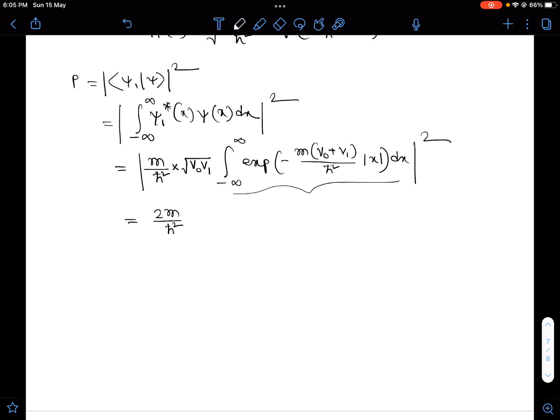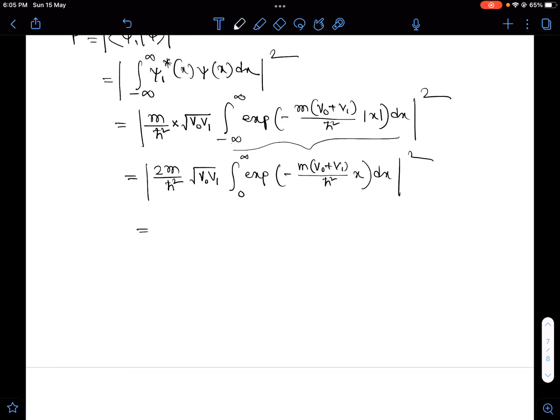Because this is an even function, we can change the integration limit from 0 to infinity and take a 2 out. So this is V0 V1, integral from 0 to infinity of exponential minus m V0 plus V1 by h cut square times x. And this is the probability, so we get 2m by h cut square root V0 V1.